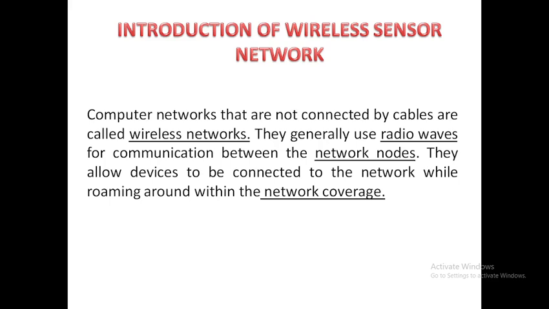Here I will discuss the network which is not connected by cables, that is known as a wireless network. In wireless networks, they use radio waves for communication between the different network nodes.